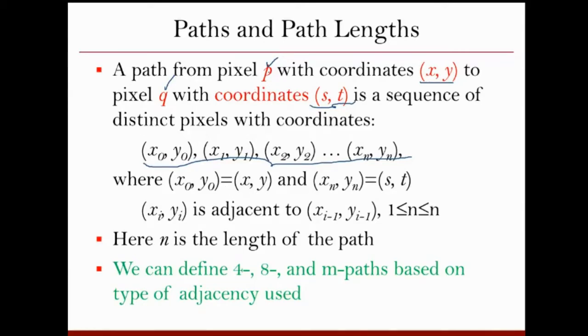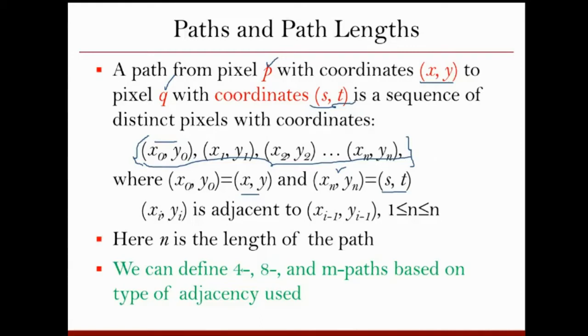So the path between P and Q is defined with the help of these coordinates. The first coordinate tells you the starting point, and the last coordinate tells you the end pixel. In between, whatever you have, like x1, y1, x2, y2, x3, y3, they are adjacent to each other.